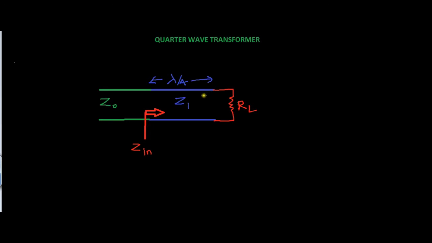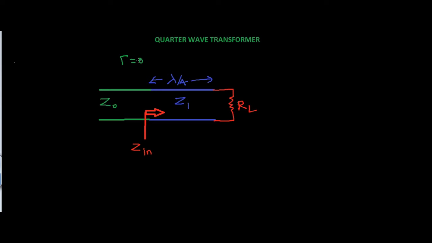These two are connected with a lambda by 4 transmission line having unknown characteristic impedance Z1, and it is of length lambda by 4, hence the name quarter wave transformer. It is desired to match the load RL and Z0. So if you look into this lambda by 4 line, we need to make sure that the reflection coefficient is 0. Let's see how it is possible.